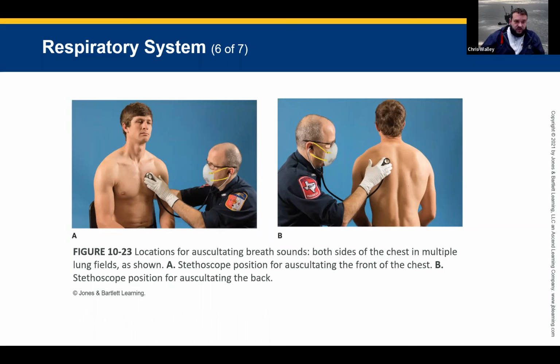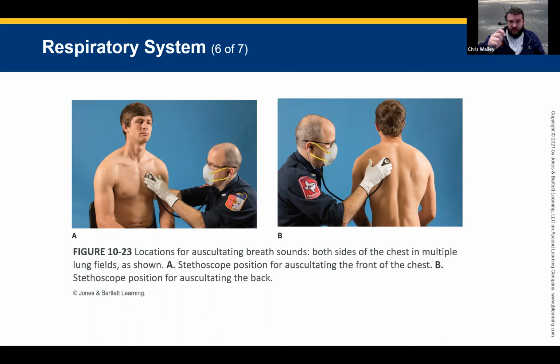Now, again, when you start measuring right in here, you're going to hear heart tones also. So being able to differentiate between heart tones and lung sounds is important. They are completely different sounds, the exchange of gases versus the heart, but you have to know what you're looking for.